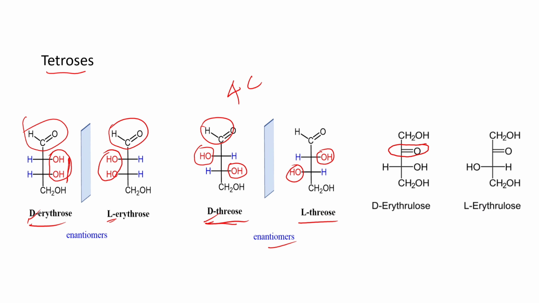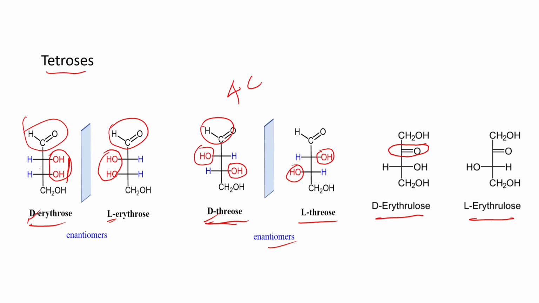Here we can see, in the case of D-erythrose and D-threose, similarly L-erythrose and L-threose, 2 asymmetric carbons. That is, the second and third carbon atoms are asymmetric. There are 2 asymmetric carbons.